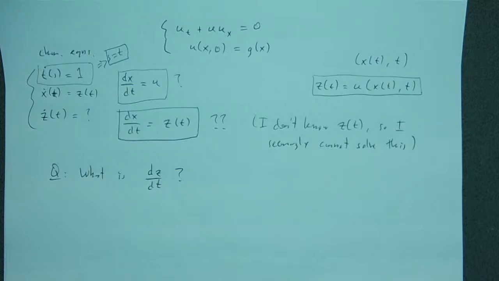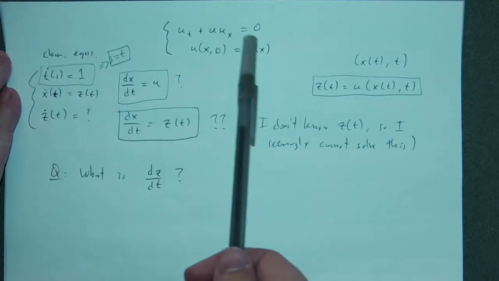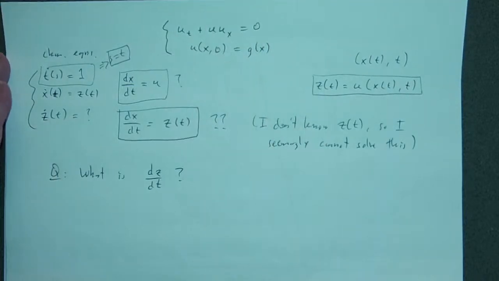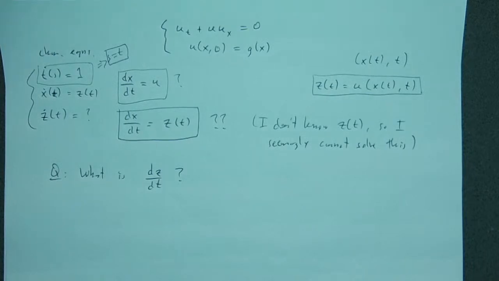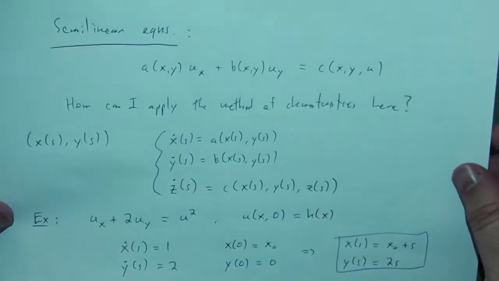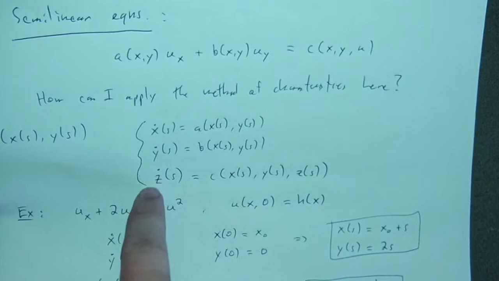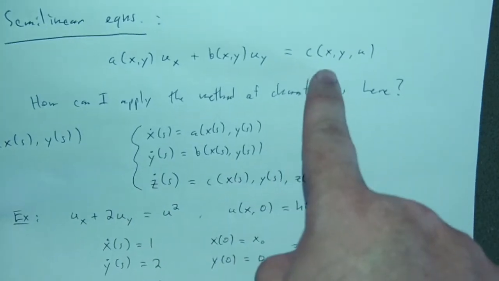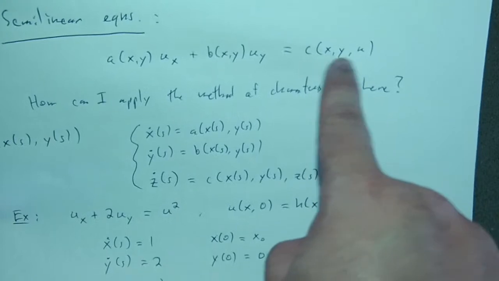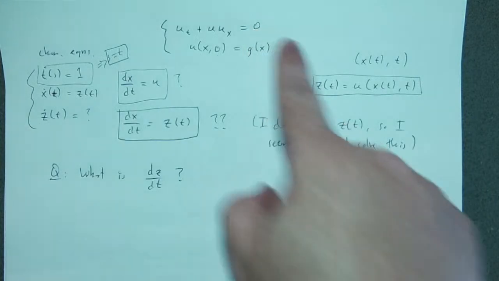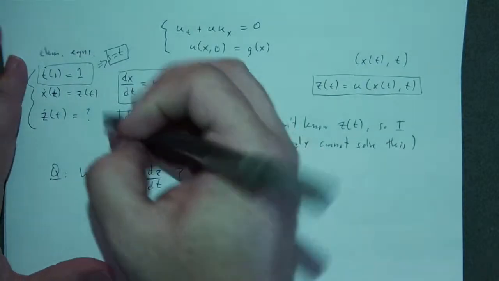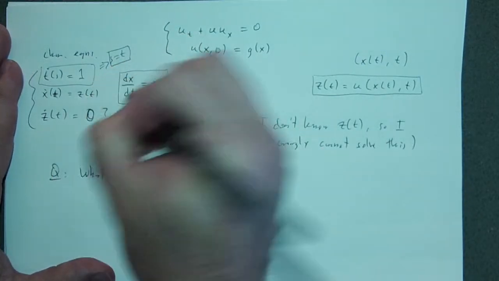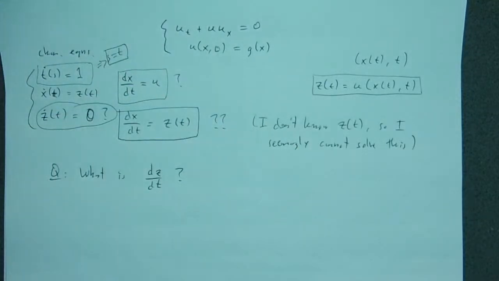Now, you might say, if we look at the PDE and follow how this worked before, in the semilinear case, z dot of s was equal to the function on the right-hand side that could possibly involve u. Well, here that function is 0. So the question is, is this just z dot of t is equal to 0? Is that true?